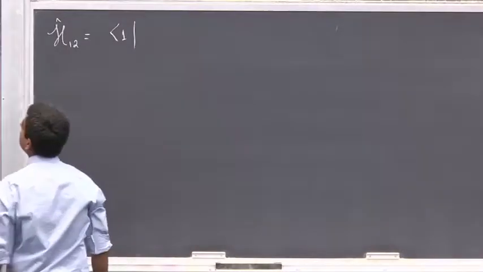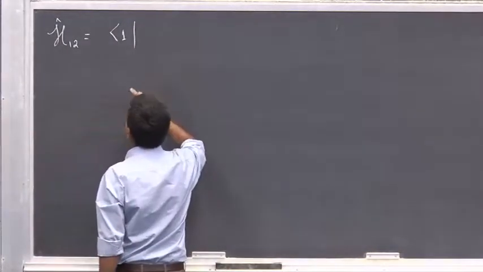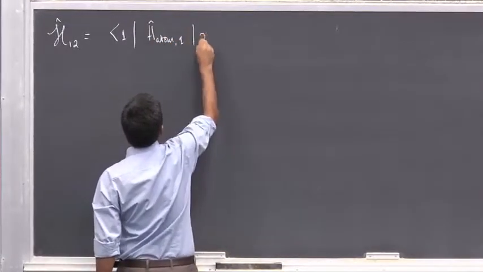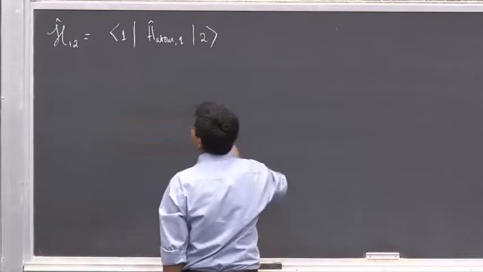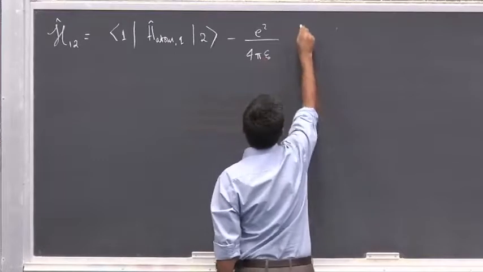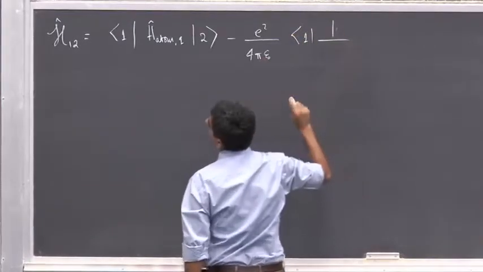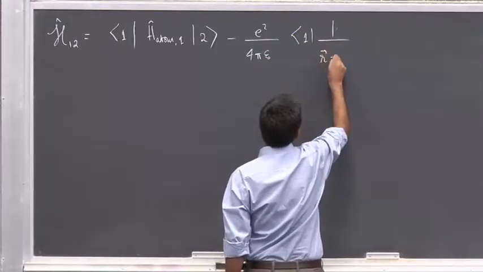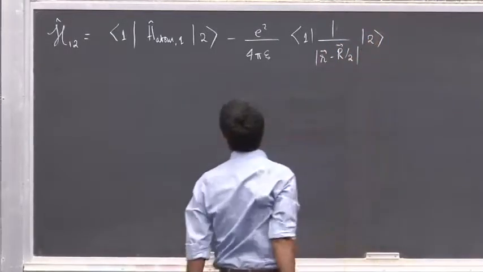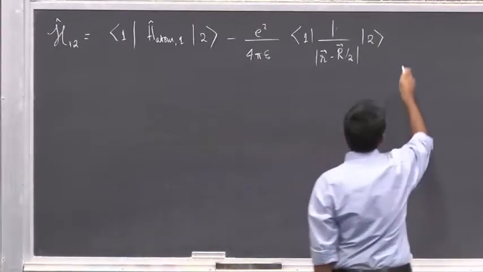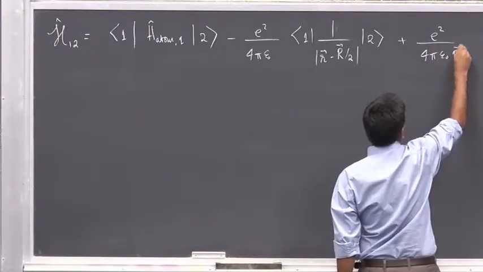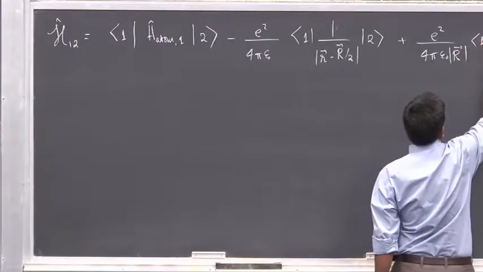Now I have the H atom 1, 2, plus or minus e squared over 4 pi epsilon naught, 1 over R minus capital R by 2, plus e squared over 4 pi epsilon naught R, 1 2.